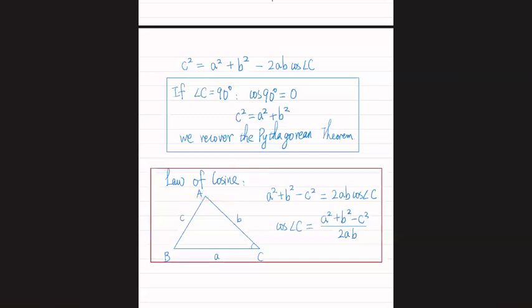It tells us if we know the sides of the triangle, then we can find the cosine of each angle. Cosine C is a squared plus b squared minus c squared over 2ab.